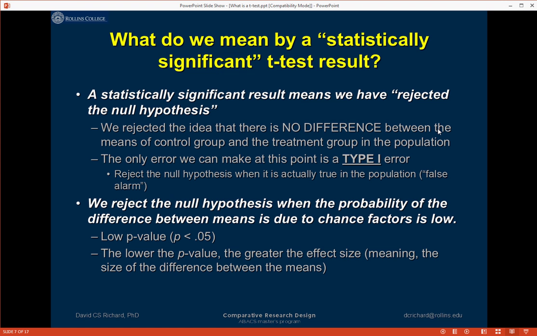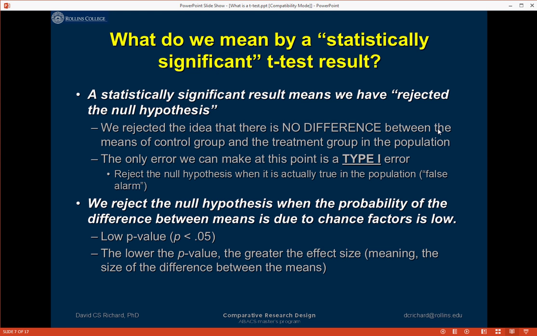Because if you can imagine, remember those two vertical lines in the distributions we were just looking at? Imagine the blue vertical line moving way out to the right. Let me go back here. Imagine that blue line moves farther and farther to the right, and the blue distribution goes with it.